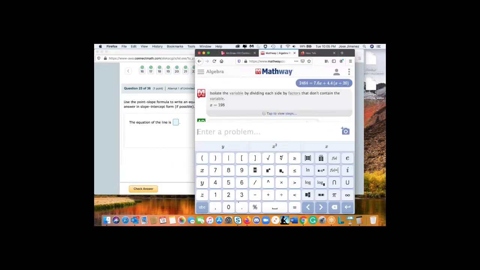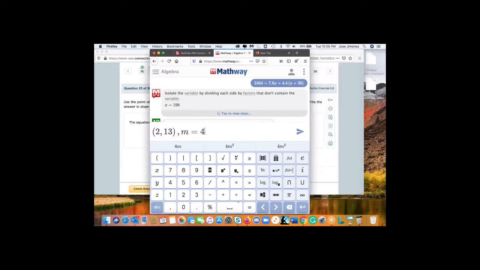So we say we have a point (2, 13), comma, and the slope equal to 4. That's all the information I need.